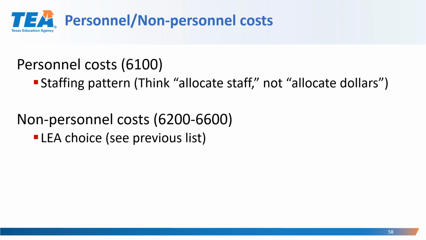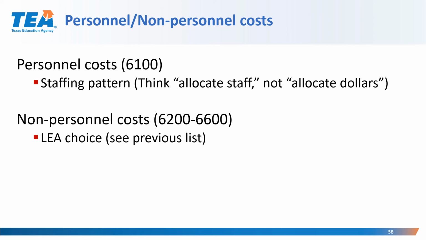So think allocating staff, not allocating dollars. This relieves the LEA from concerns like staff salary differentials based on insurance choices, longevity, that sort of thing. The LEA could basically allocate staff according to a staffing pattern without regard to whether a campus was Title I.